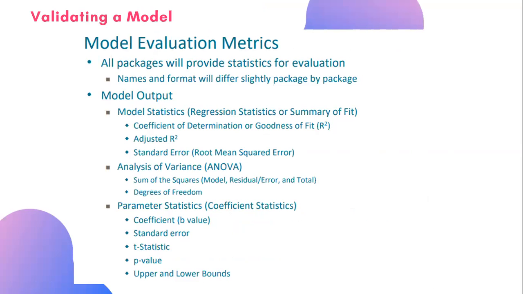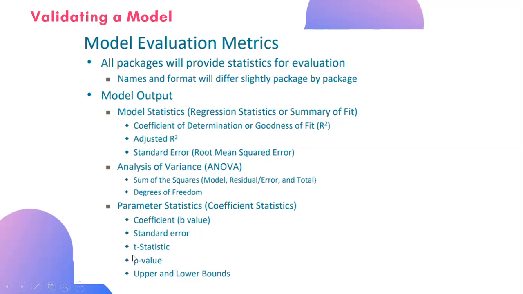I will show you this when I actually do the examples, but when you run the regression model you will end up with a report. Excel will give you a report, and that report will have a number of different statistical variables on it. It's going to show you the R-squared, the adjusted R-squared, the root mean squared error, the ANOVA, meaning sum of squares, degrees of freedom, and several other variables.